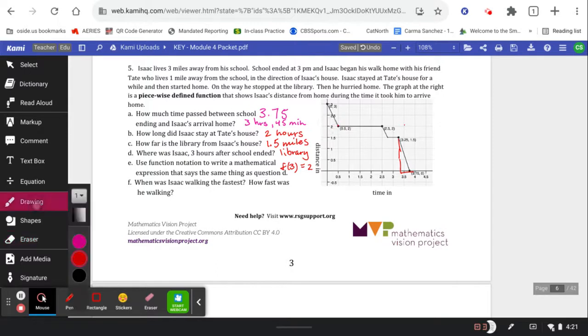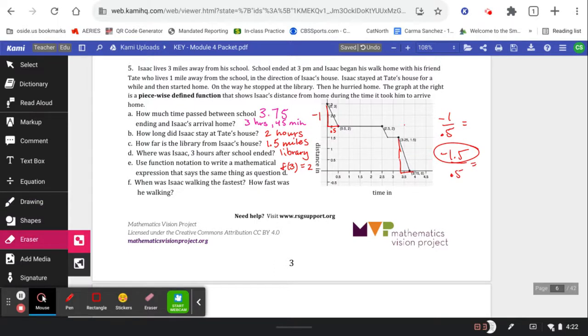So this is technically down 1 hour and over a half mile. And then this one is down 1, 2, 3 spaces, or 1.5, and over a half mile. So notice how this one is steeper. You might have just been able to see that from the picture anyway.